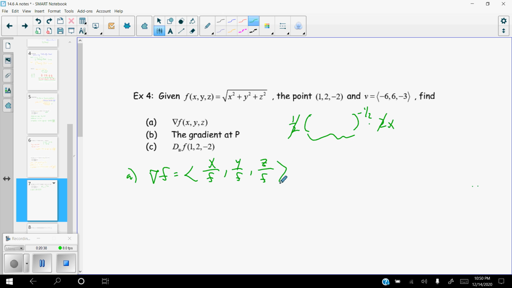We are going to need to find the gradient at the point, what is the point? 1, 2, negative 2. If we find what this thing is at 1, 2, negative 2, that'll be all of our denominators.